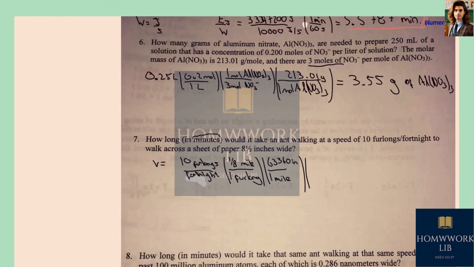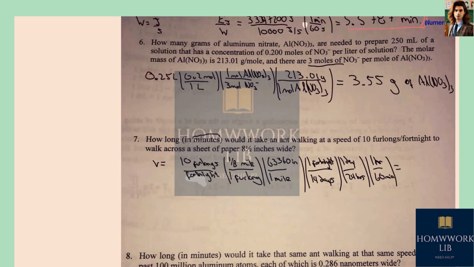And now with the kind of weird one that is a fortnight, that of course it's not very accurate, but a fortnight is going to be a period of 14 days or 2 weeks. It's going to be 14 days. We know that each day has 24 hours, and we know that each hour is going to contain 60 minutes.